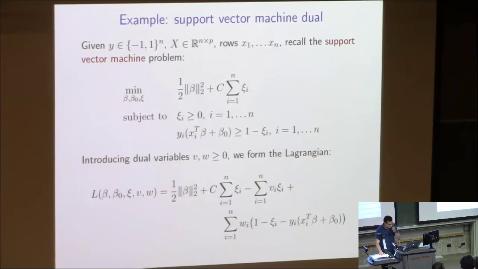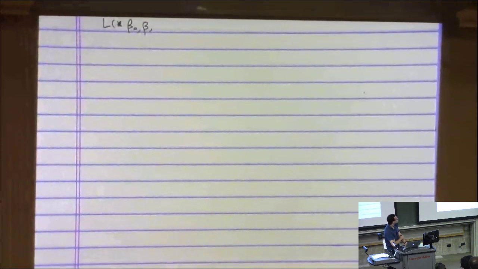So the SVM problem, let's just go ahead and write down the Lagrangian, with the problem being as stated on the slides. We have data x and y. I'm going to call the rows of x, x1 through xn. The SVM criterion is minimize 1/2 the norm of beta squared plus some tuning parameter c times the sum of these slack variables, with inequality constraints on these variables, bigger than or equal to 0.